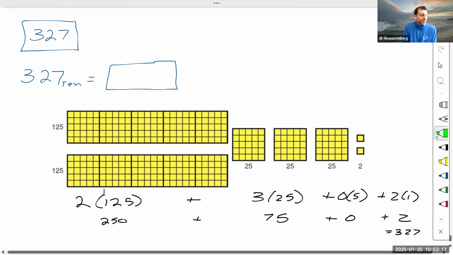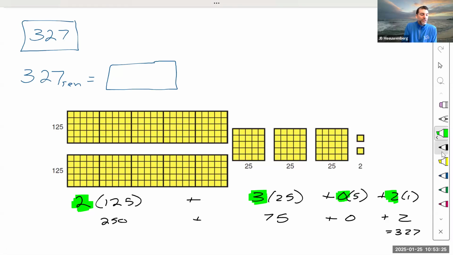What is it in base 5? Well, we have 2 of these, 3 of these, 0 of these, and 2 of these. And so how do we write that in base 5? 2, 3, 0, 2. 2, 3, 0, 2 in base 5.